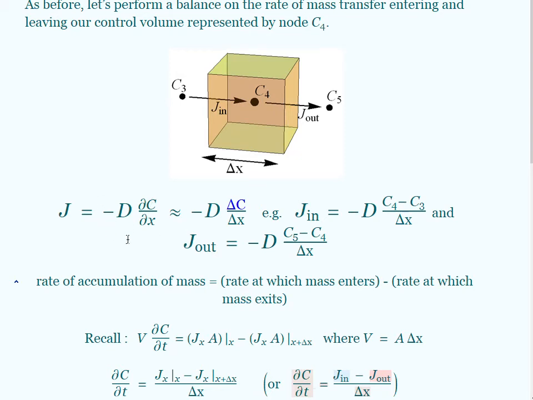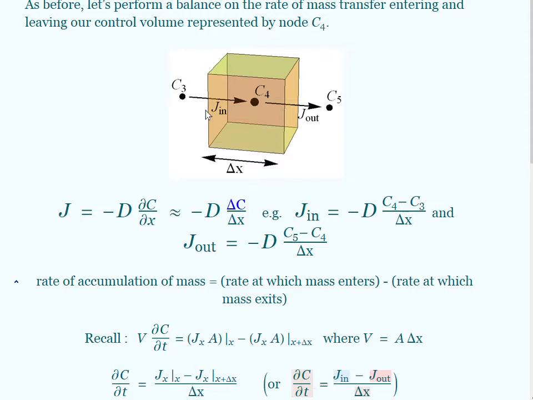So we still have Fick's first law. And we're going to go ahead and rewrite Fick's first law in the linear case of delta C, delta x being linear. And if I'm looking at this flux in, I'm going to write this delta C over delta x in terms of these variables.